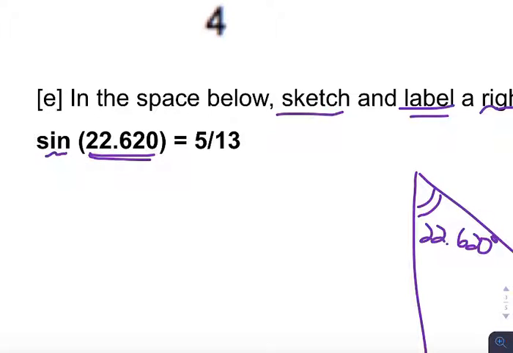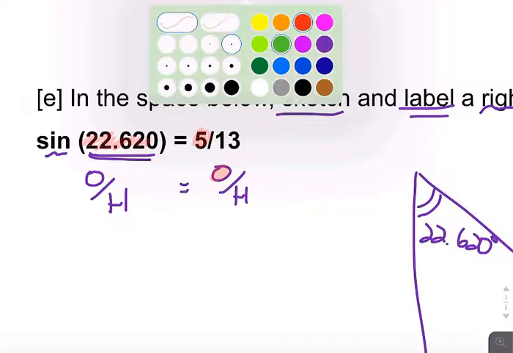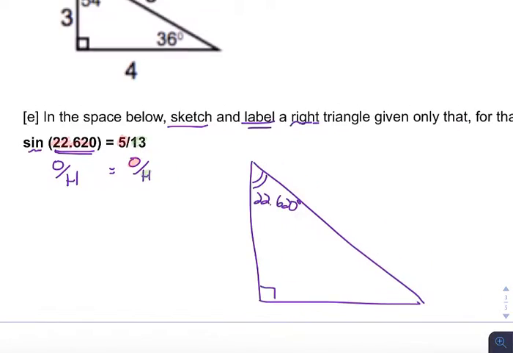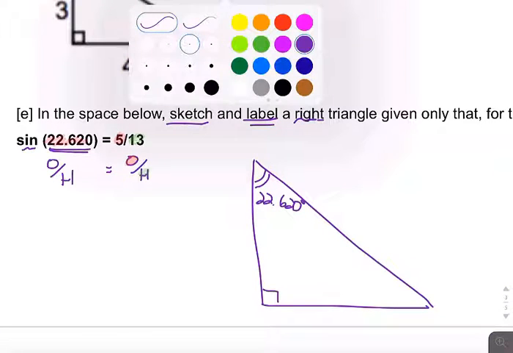And so the sine ratio being O over H dictates that this over here is also O over H. And so if we know that 5 over 13 is O over H, that means the 5 has to be the opposite side to 22.620, and then the 13 has to be the hypotenuse to the same angle.